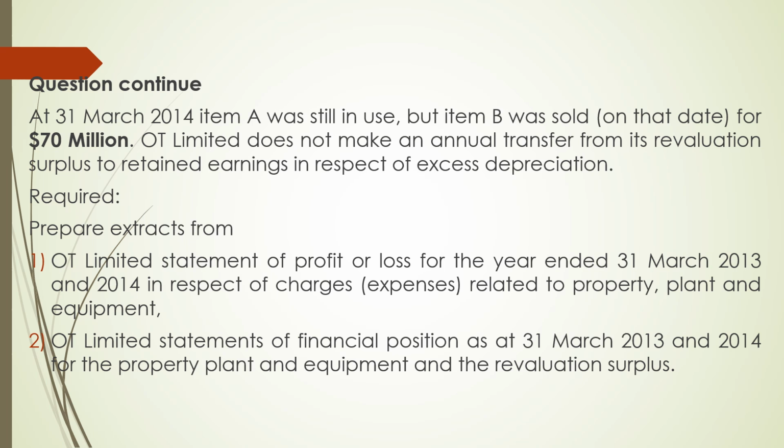The first says that we should prepare an extract from OT Limited's statement of profit or loss for the years ended 31st March 2013 and 2014 in respect of charges or expenses related to property, plant, and equipment. The second requirement says that we should prepare an extract from OT Limited's statement of financial position as at 31st March 2013 and 2014 for the property, plant, and equipment and the revaluation surplus.